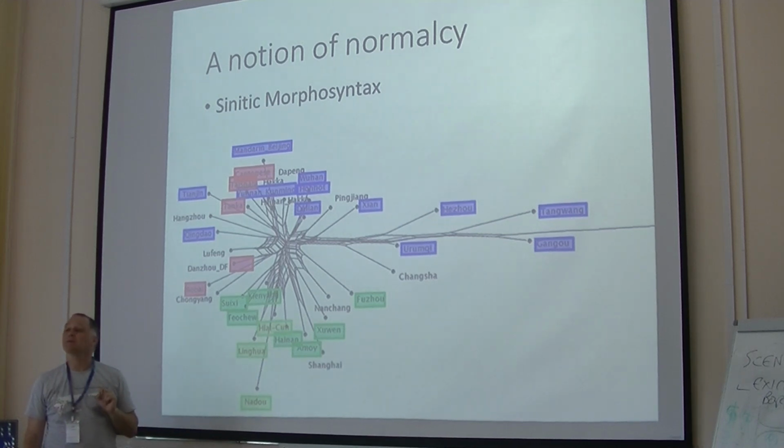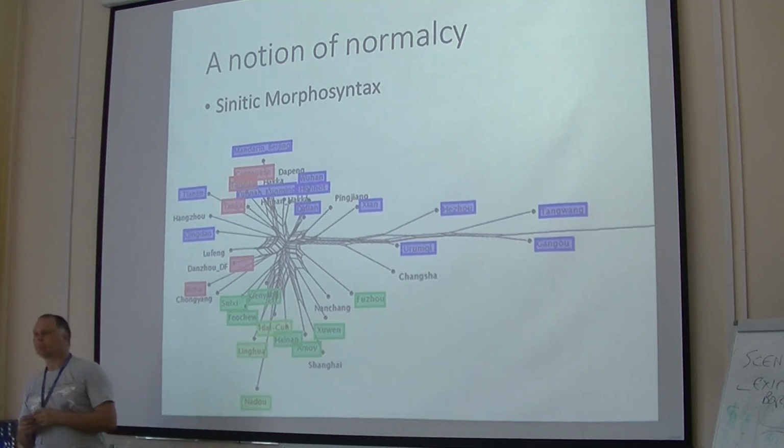Yes. I just wonder whether you could say a few words about the data that drives this classification. Morphosyntax, what does it mean in this case? Our discussion yesterday was let's try and not select the right features to get the right results. So this is morphosyntax coded up roughly according to the morphosyntax present in the World Atlas.